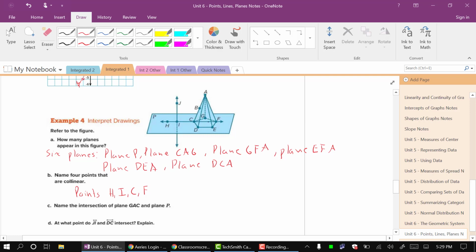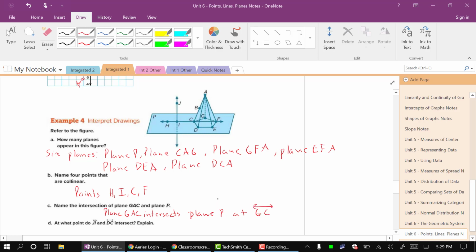Where does that intersect plane P? It intersects plane P at this point right here, GC. This is where the plane meets this figure. So plane GAC intersects plane P at line GC.